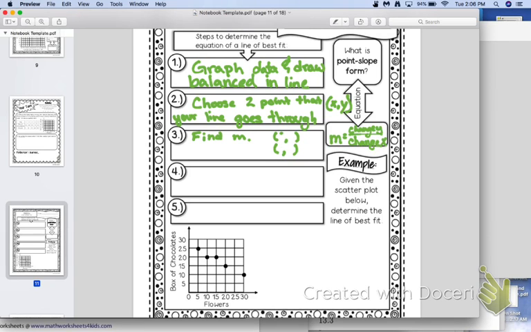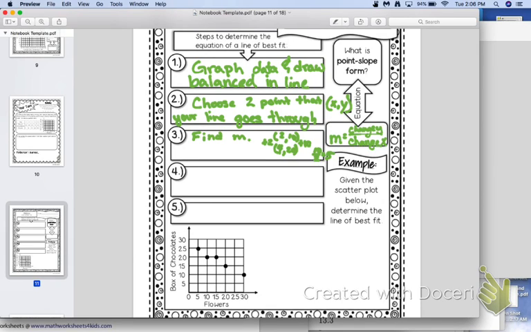If I did 2, 10 and 4, 20, I would say right here at the 2, to go to 4, I went up 2 steps. 10 to 20, I went up 10 steps. So then my slope would be 10 over 2, and then I always have to double check to simplify that down to 5. Okay? So just as a quick reminder about that.